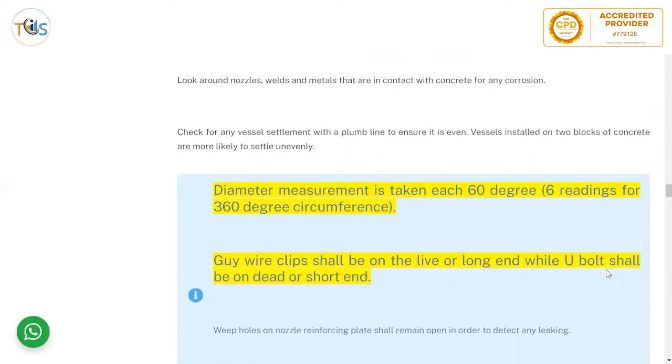Check for any vessel settlement with a plumb line to ensure it's even. So it's practically a string with a weight at the end of it, and the other end, you start from the point you want to measure the settlement.